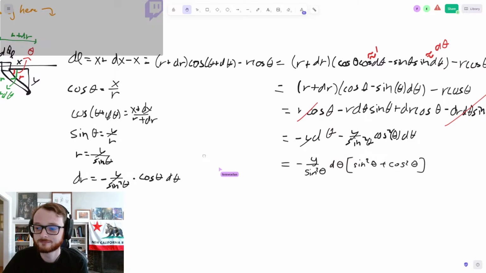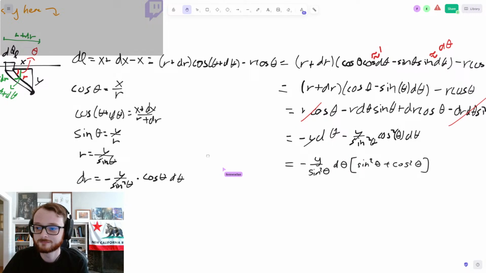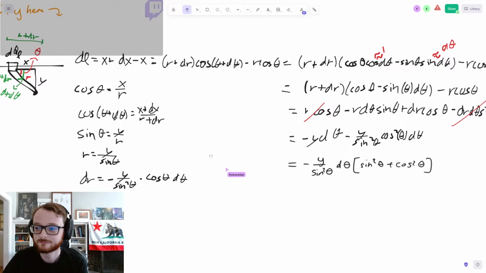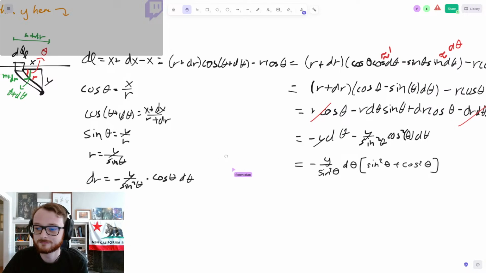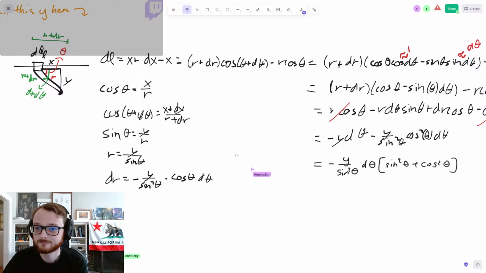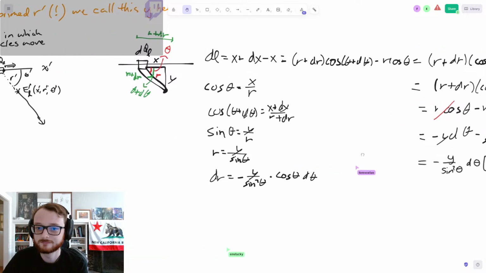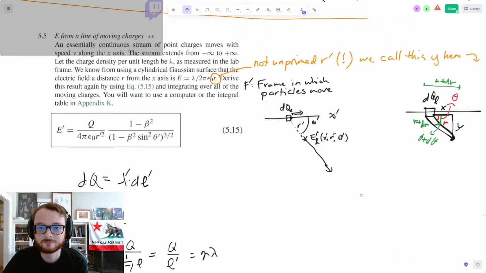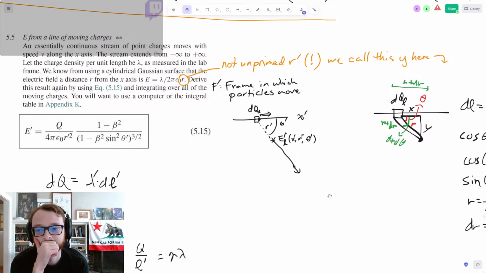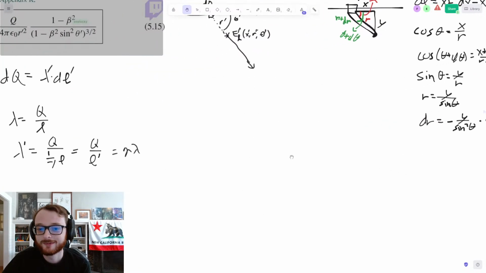Is that true? Yeah, that's true. But in any case, we know everything in terms of the primed variables, so I would rather integrate with the primed variables. Okay. Deal with the fallout later.